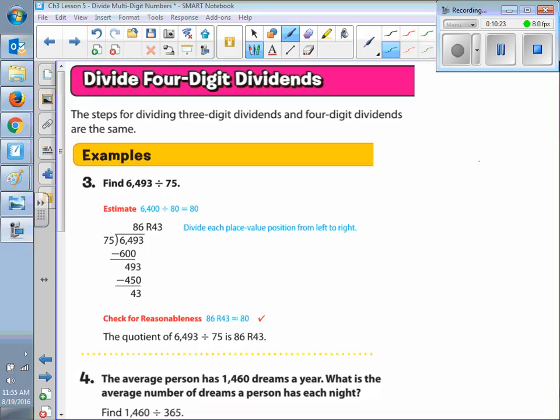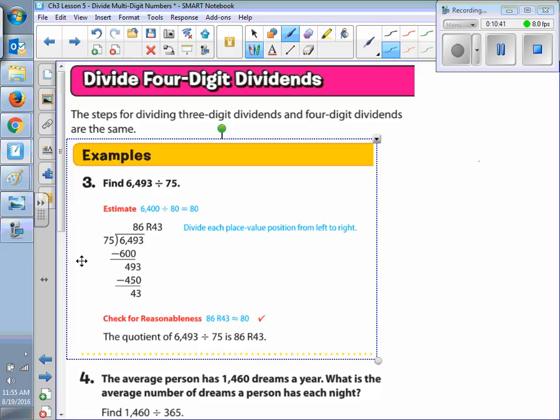Does everybody see how we're using estimation to figure out the first division? Okay? So we have 8 times 75 is 600. Then we subtract, we get 49. Bring down the 3. So now, let's say 70 into 490. What do you think that's going to be?